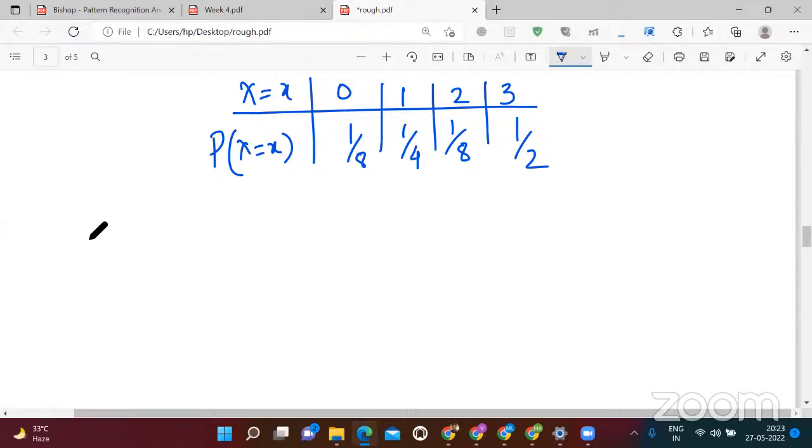And you have been given the random variable y equals 2x plus 3. Correct?